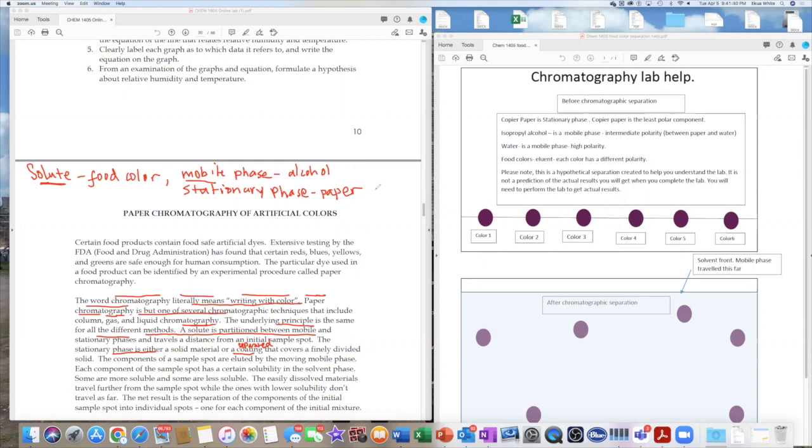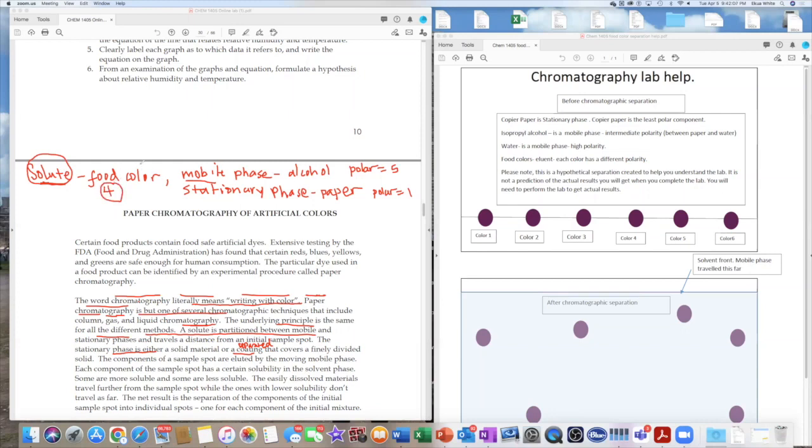Let's make this polarity value 1. So let's say the polarity here, the value is 1. And then alcohol has a polarity of, let's say, 5. And let's say you have a food color that has a polarity of, let's say, 4.